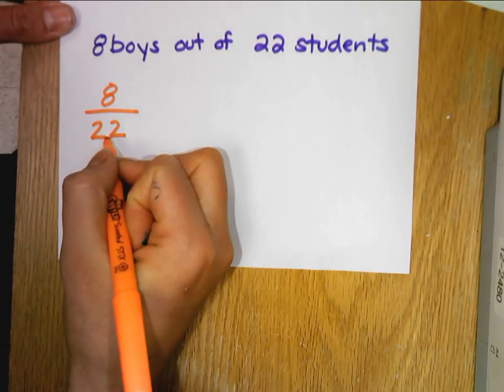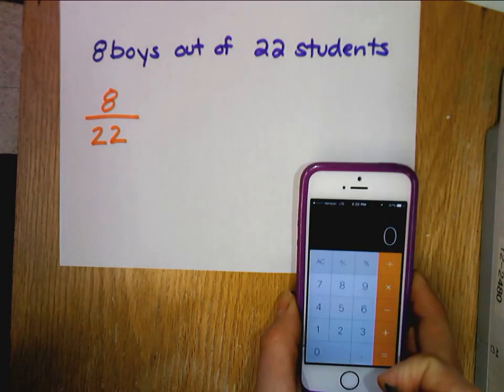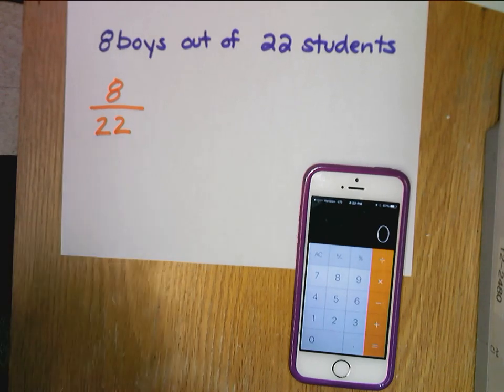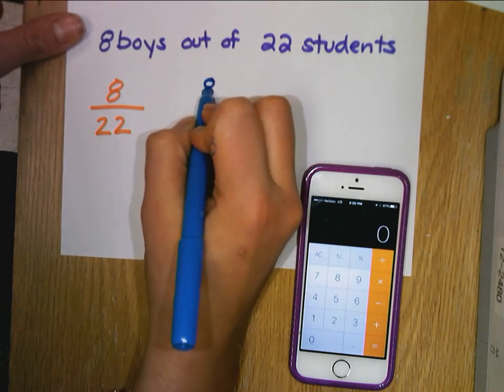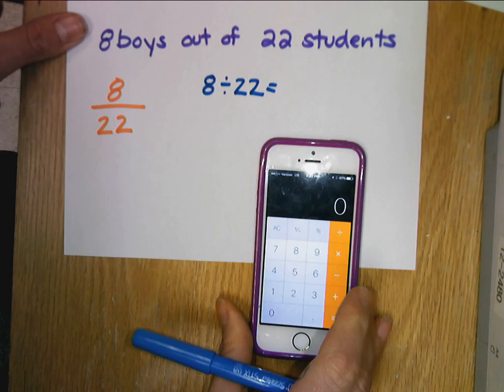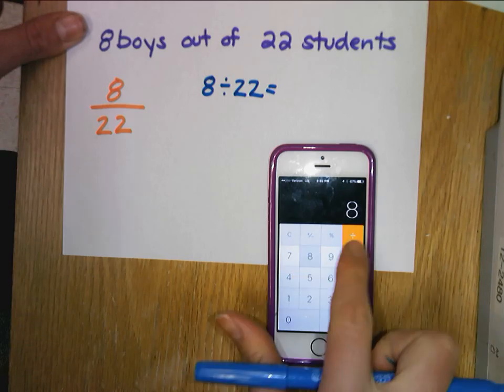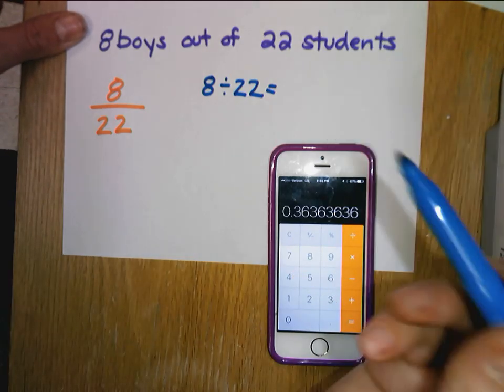Now, in order to figure out the decimal and percent value of boys in the class, I'm going to need to do a division operation on a calculator. I'll do 8 divided by 22. And when I do that on a calculator, I get 0.36 repeating.